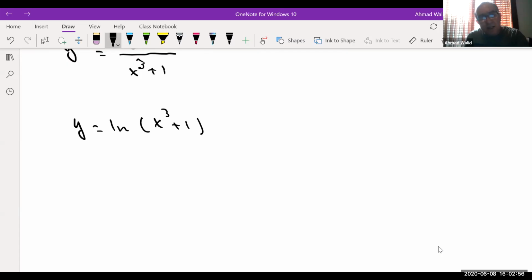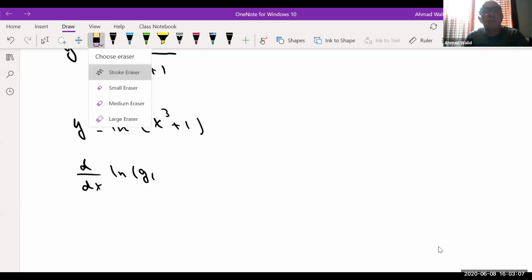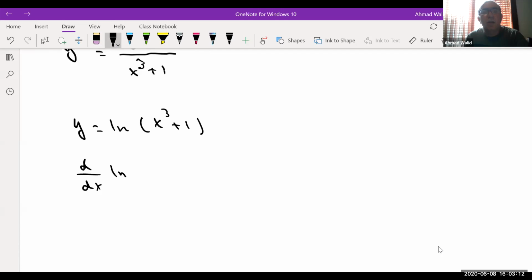And the second formula says d over dx of ln g of x equals what, g prime of x over g of x. Which one you use, it doesn't matter, your answer will be the same.